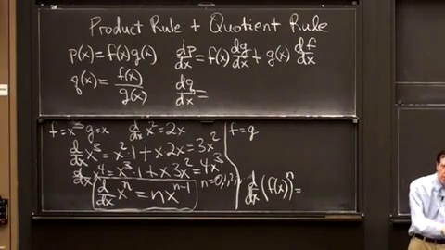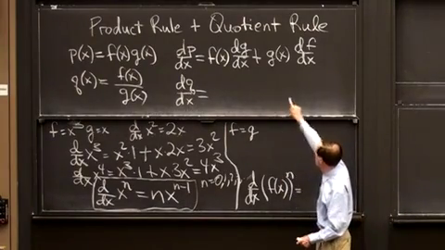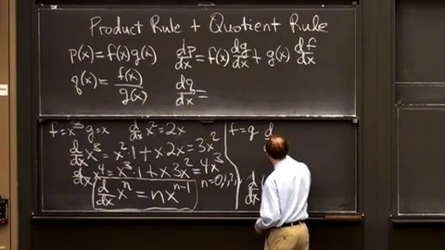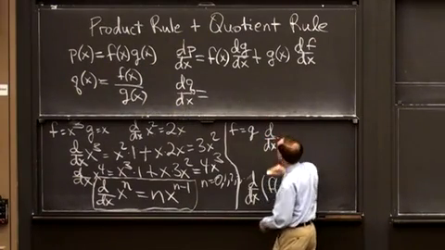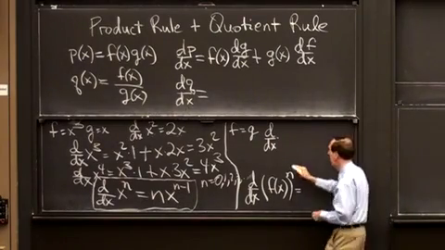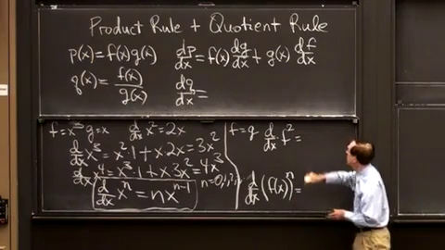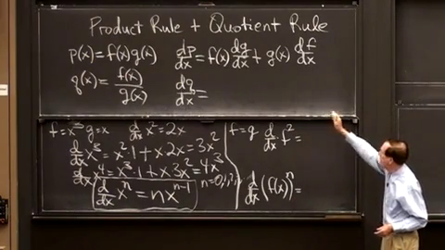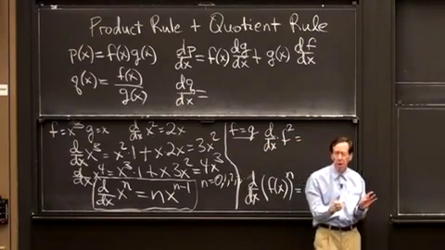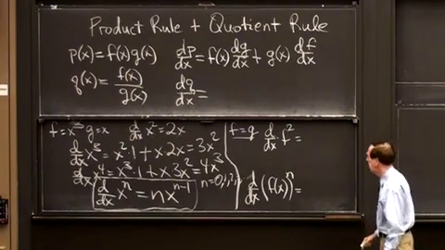If g and f are the same, then I've got something squared. I just copy this rule, now p is going to be f squared, right? So f squared equals f times g, and f is the same as g. You with me? I'm just using the rule in the very special case when the two functions are the same.